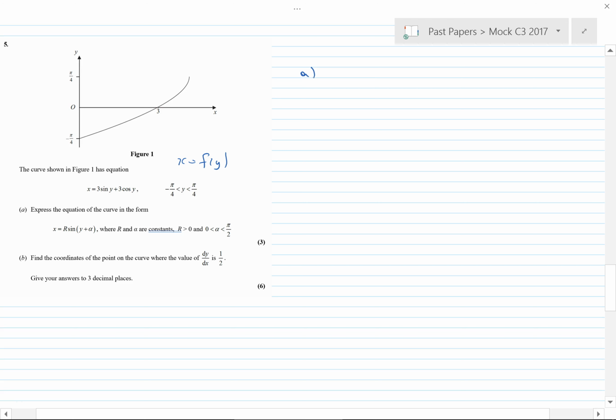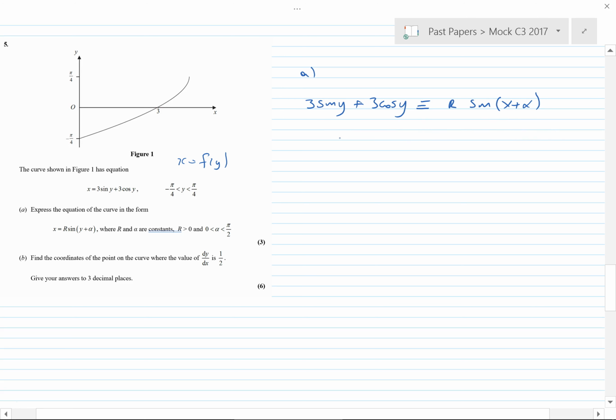What we're basically doing is writing, let's do it this way around, 3 sine y plus 3 cos y in the form R sine of y plus alpha. So there are particular values of R and alpha which make this algebraically identical to this.